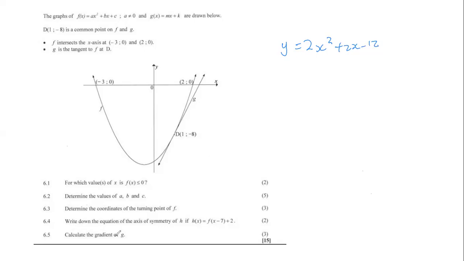For the turning point, you simply say x equals minus b over 2a. Remember, the value of a is 2, the value of b is 2. So the minus is for the formula here. It's minus b. So it's minus 2 over 2 into 2, which gives us minus 2 over 4, which is minus 1 over 2.